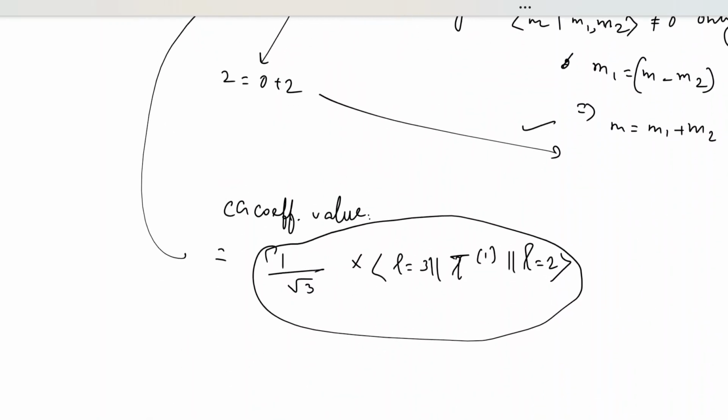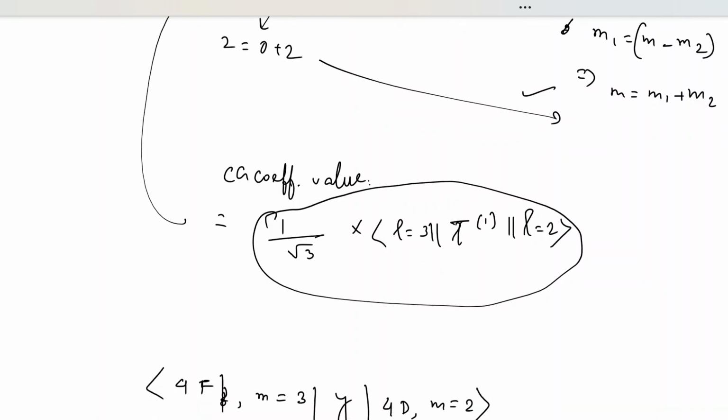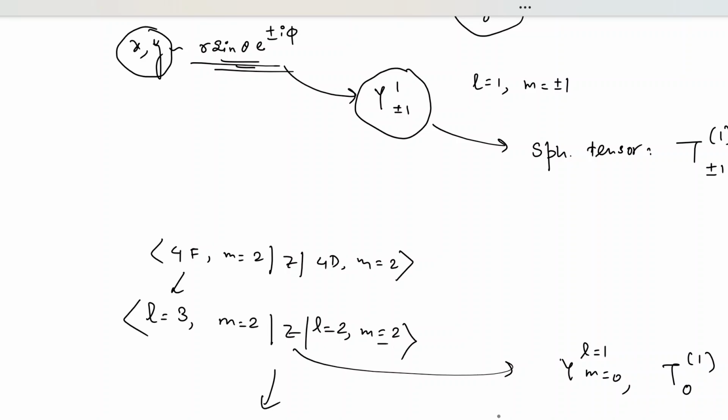Now on the second part of the question, you are given another term which is like this: 4f m equal to 3, y, 4d m equal to 2. So this basically means 4f is L equal to 3, m equal to 3. And why you can represent this is because I already told you that x and y can be represented as tensor rank 1 with m equal to plus minus 1.